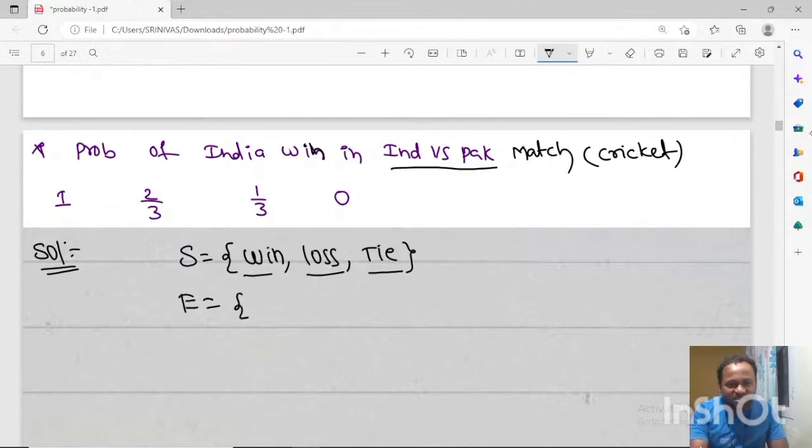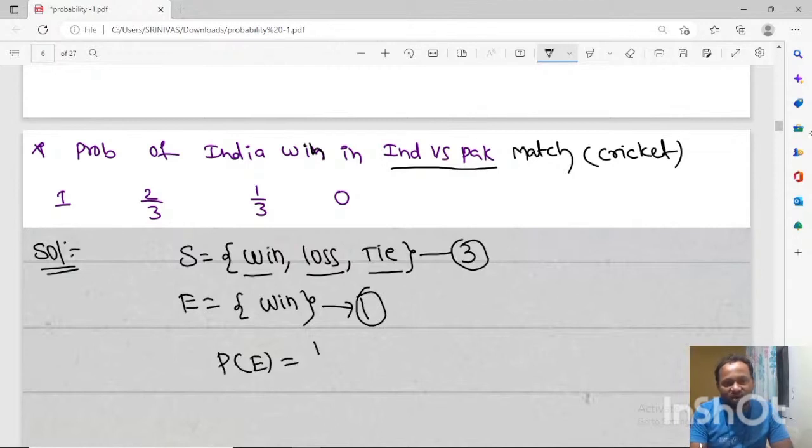My favorable is India to win. To win, I have one option. Total options are how many? Three options. Then the probability of winning is 1 out of 3. So winning is 1 out of 3. Lose is also 1 out of 3. This is the method to find the probability.